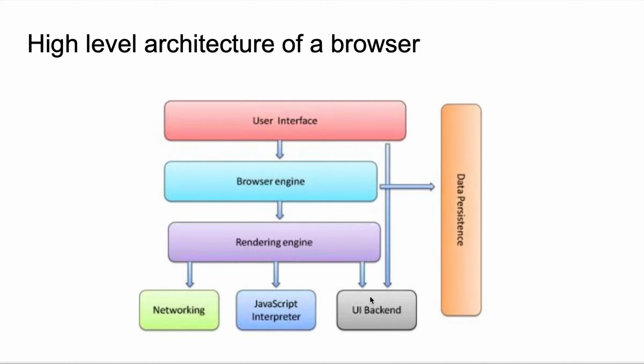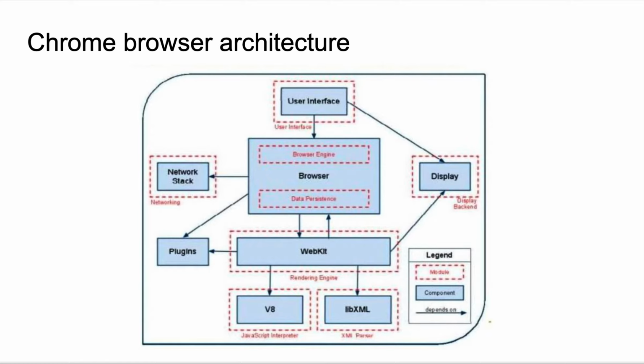It takes care of interactions with the operating system level, to leverage the operating system's capabilities to show some graphics, to draw something on your browser, the boxes, etc. Those are supported via this part. This is a little more detailed one, and this is more specific to the Chrome browser architecture.